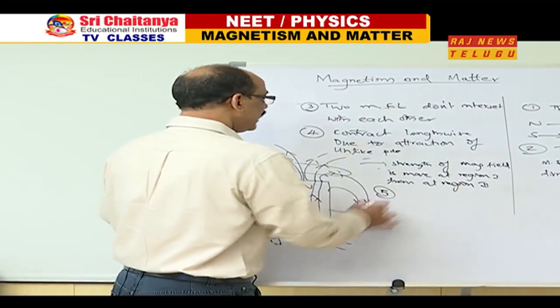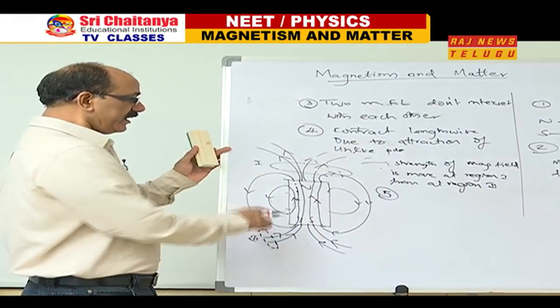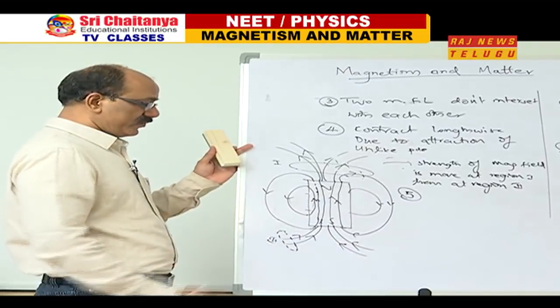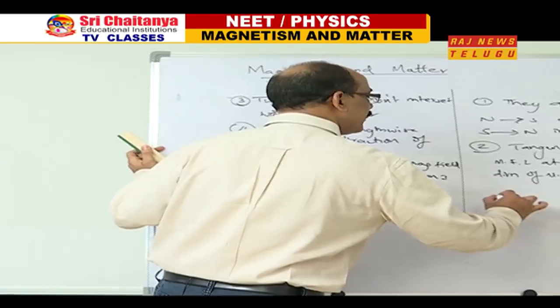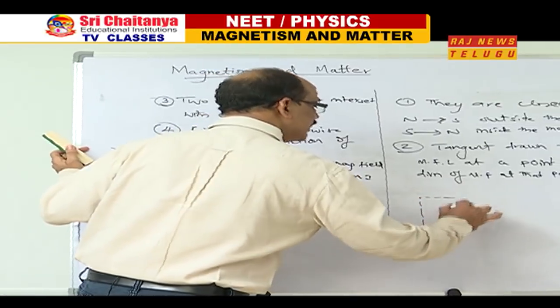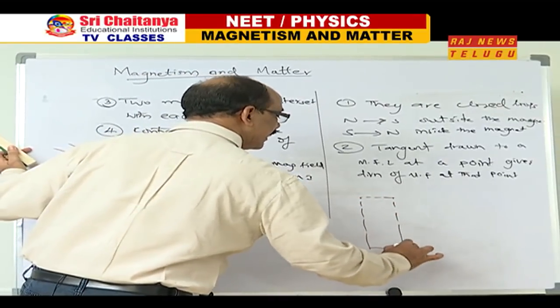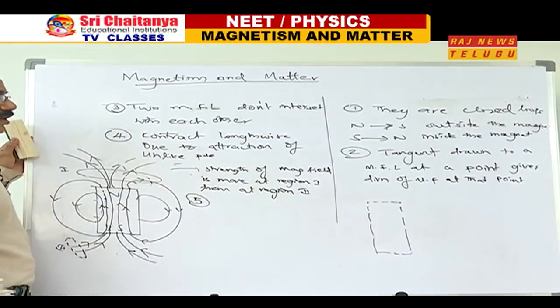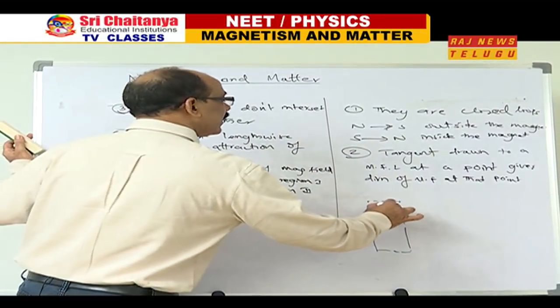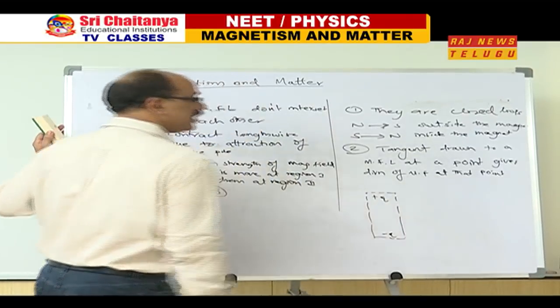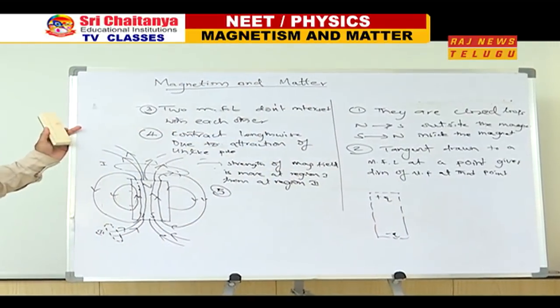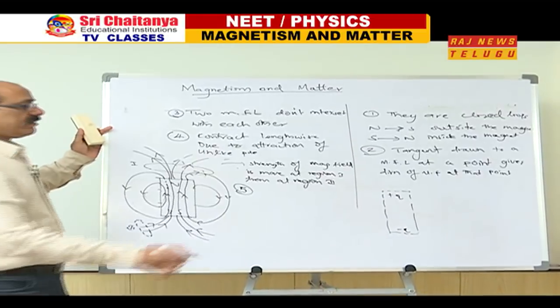Then, let us look at the electric lines of force. An electric dipole, as we already discussed in the previous topics, is when a positive charge and a negative charge, two equal and unlike charges, are separated by some distance.